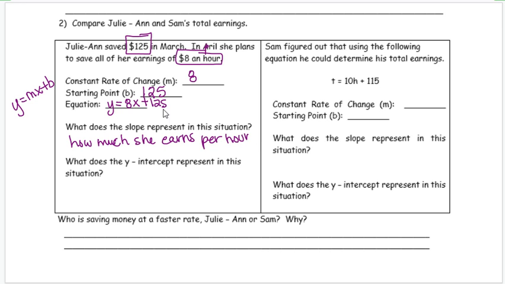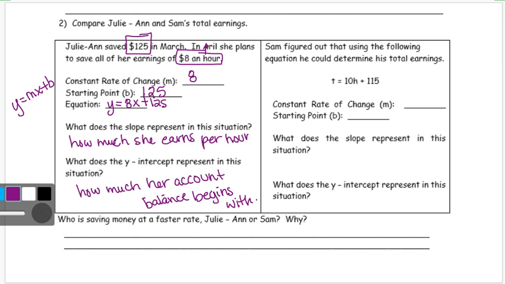And what does the y-intercept mean? It's how much her account balance begins with.